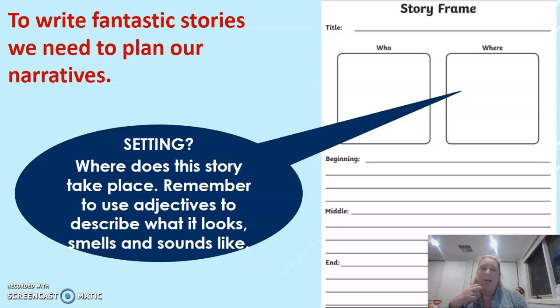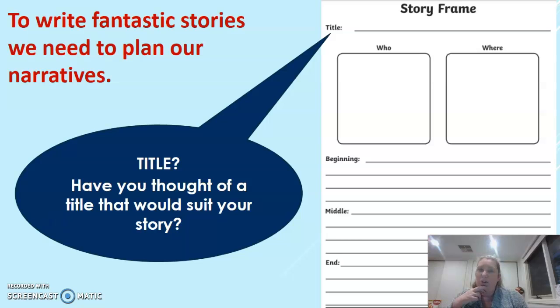But when I looked at the stimulus, I don't know how far in the past that is, and I'm not so sure that it's in the future. I think that setting is happening right now, so it's in today. So you need to describe the setting of where that UFO ship was trying to land and use the adjectives that you put in your word bank to help you.